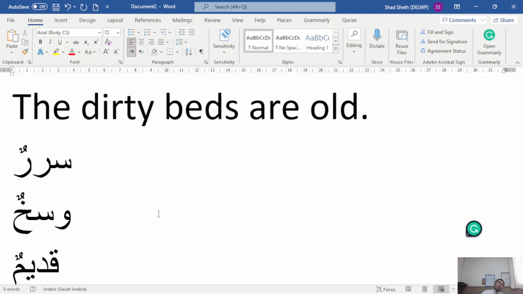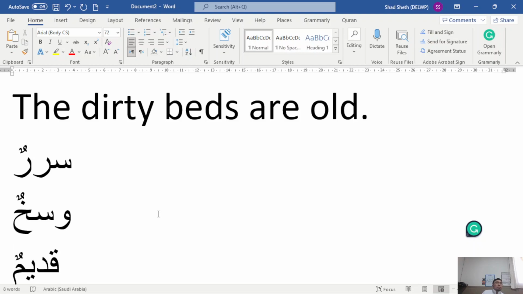Remember the rule for na'at, and then remember the gender for the beds, and also the number for the beds. As-sururu.